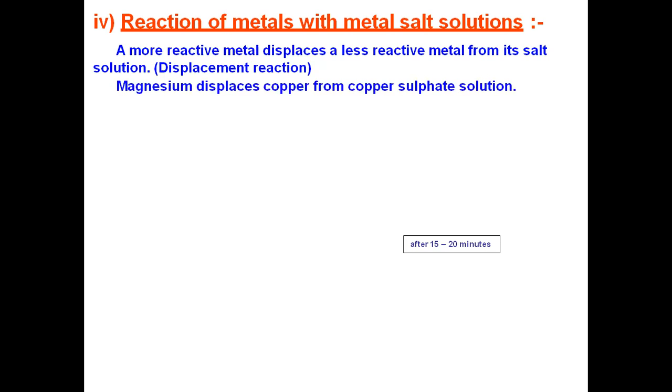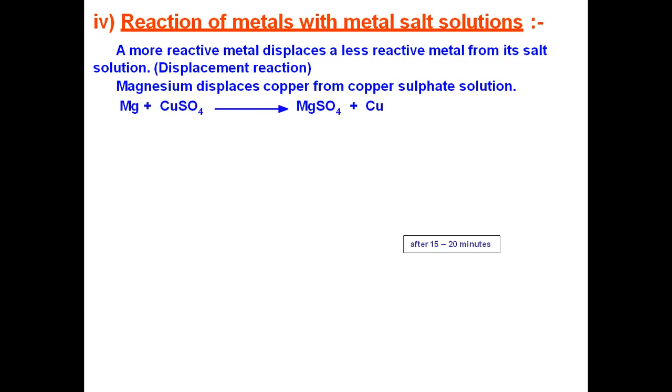So magnesium and copper, if we take, magnesium displaces copper from copper sulfate solution. When we consider the reactivity of magnesium and copper, magnesium is more reactive, so it displaces copper from the copper sulfate solution.